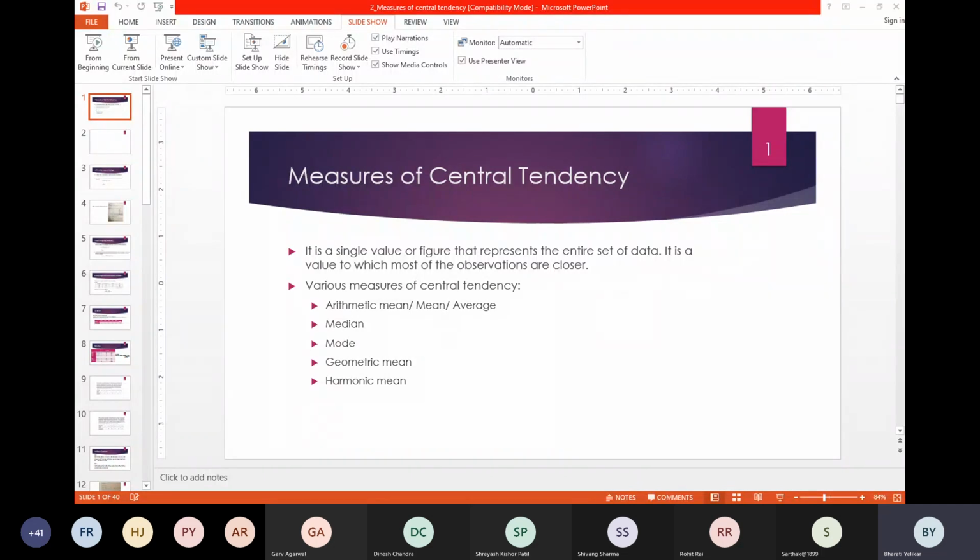So how far this variable is from this average, that we can study. Central tendency may also be called the center or location of the distribution.